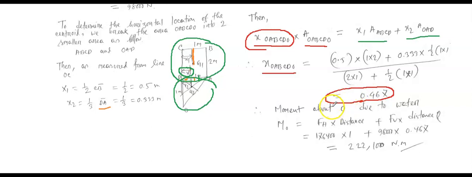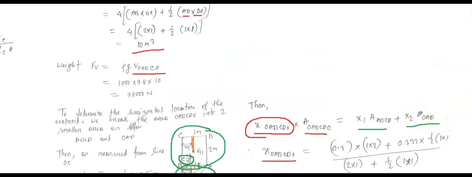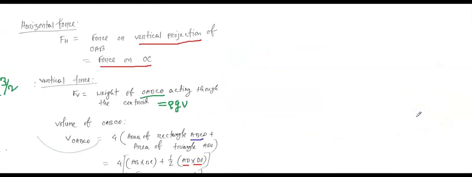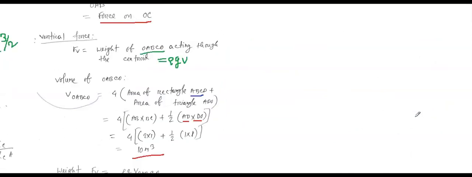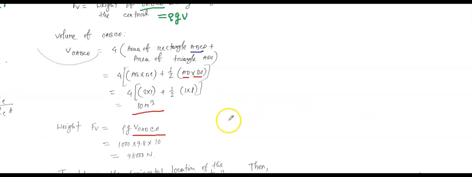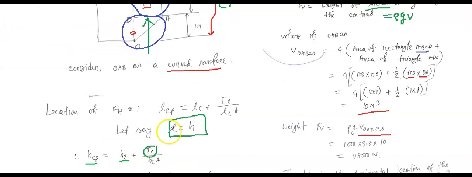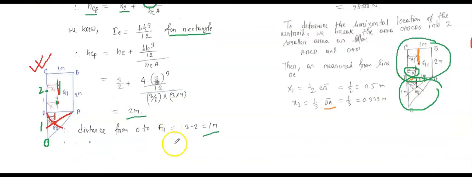Now I know you know how to calculate the moment about O due to the water. So this is the horizontal force and the corresponding distance, vertical force and the distance. If you can remember, we calculated the horizontal force, 98,000. This is actually the vertical force. Let's see where the horizontal force is here.